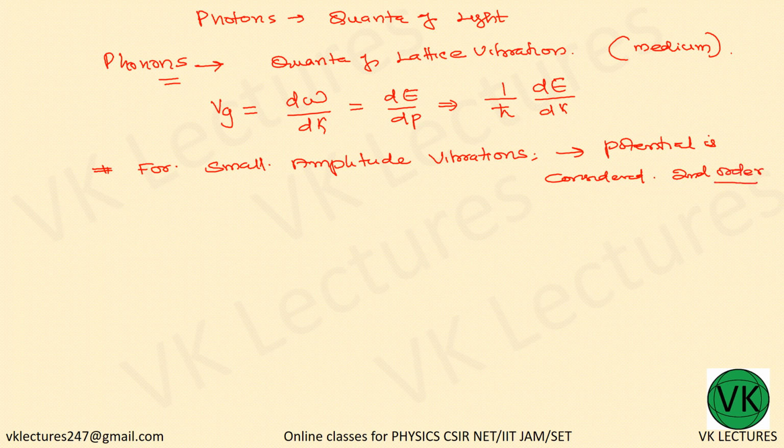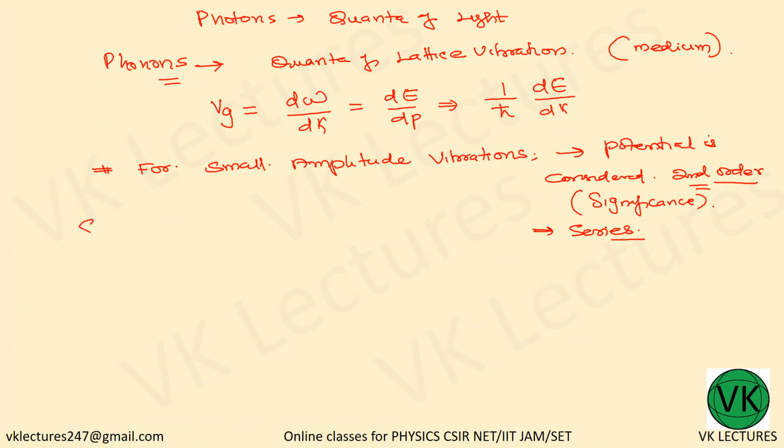The second order is significant. Yesterday we had learned about series. Up to what order it is significant depends on the type of vibrations or type of the potential. So here it is significant up to the second order.